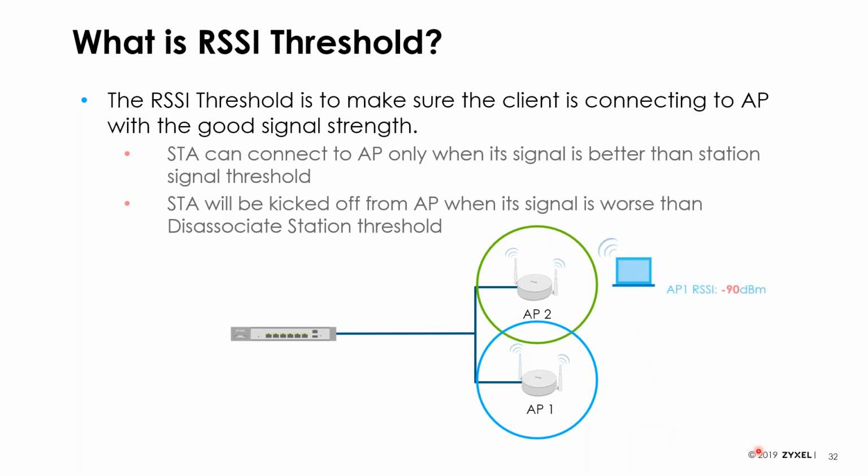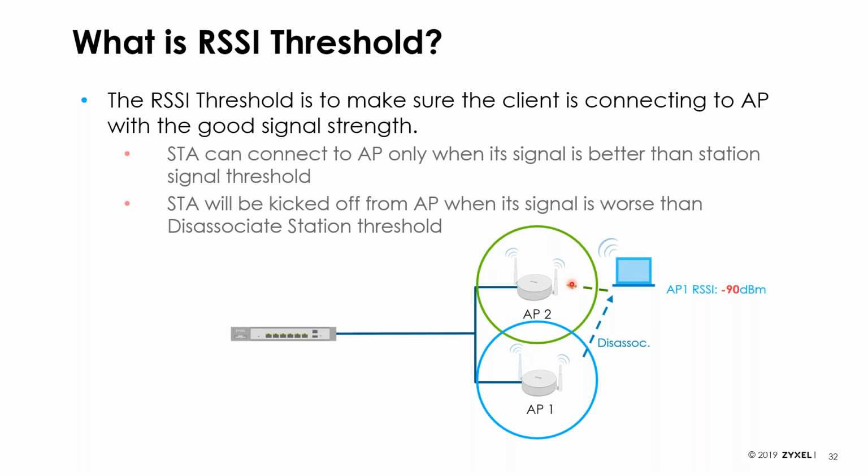So when client starts moving, when signal level gets worse than -90 dBm, in this example, it is an adjustable value, the AP will disassociate the client, so the client will start scanning the nearby APs and discover an AP with a better signal strength and join that AP.